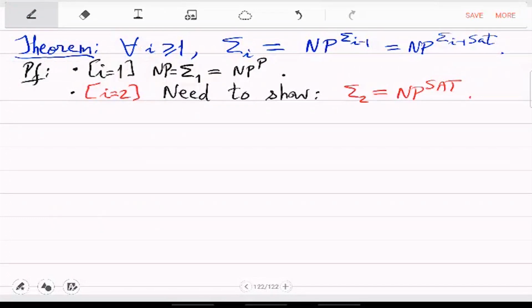Okay, so how do we show that? So let's start with the case. Let's take a problem L in the left hand side, which is sigma 2, and we'll put it in NP to the SAT.